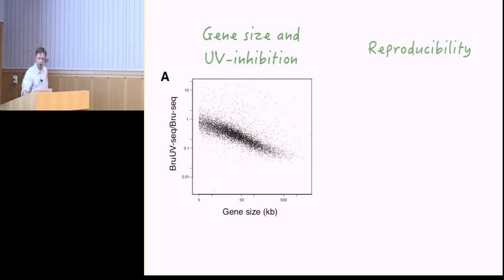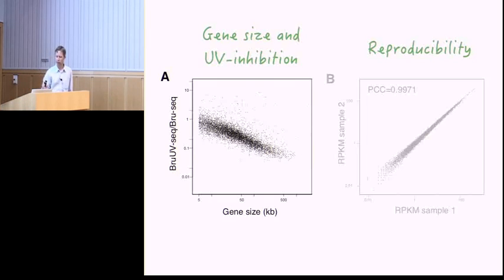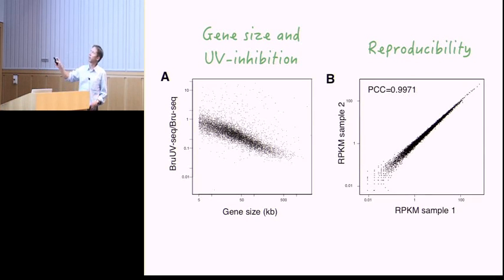And if you do this experiment, just to look at the technical variability, if you take two samples and grow them in parallel, do everything in parallel, and you sequence them, they become extremely similar. So technically, the labeling, the isolation of the RNA, the library prep, and the sequencing, it's technically very reproducible.